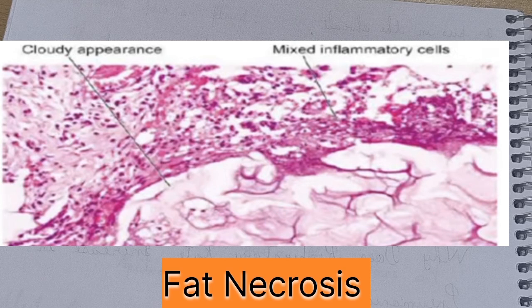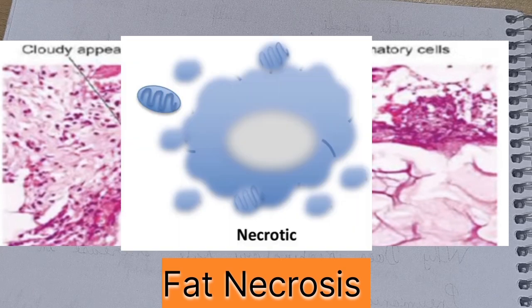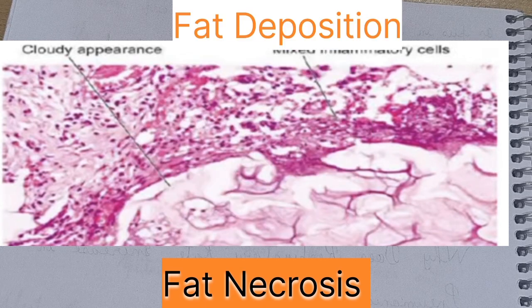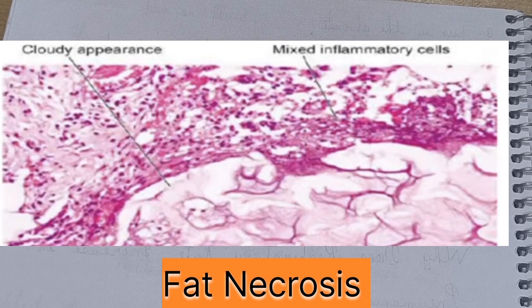Now see that this cloudy appearance is about the necrotic cells. In this case, the necrotic cells have had fat deposition, and due to this fat deposition, the necrotic cells look like clouds, therefore a cloudy appearance is seen.